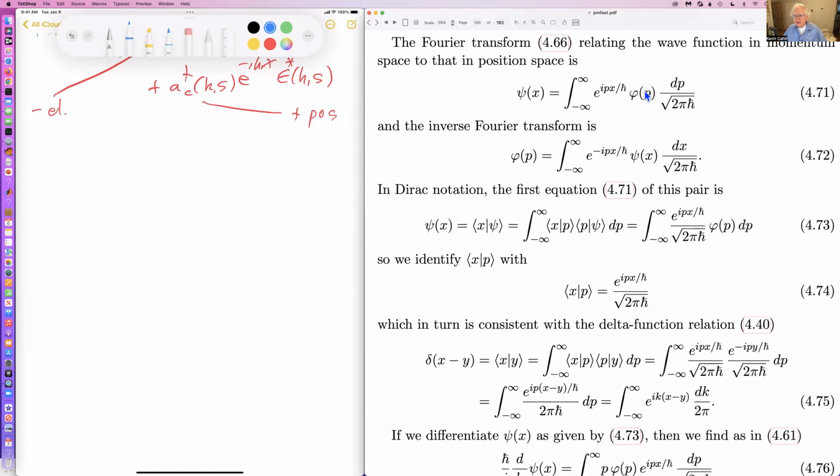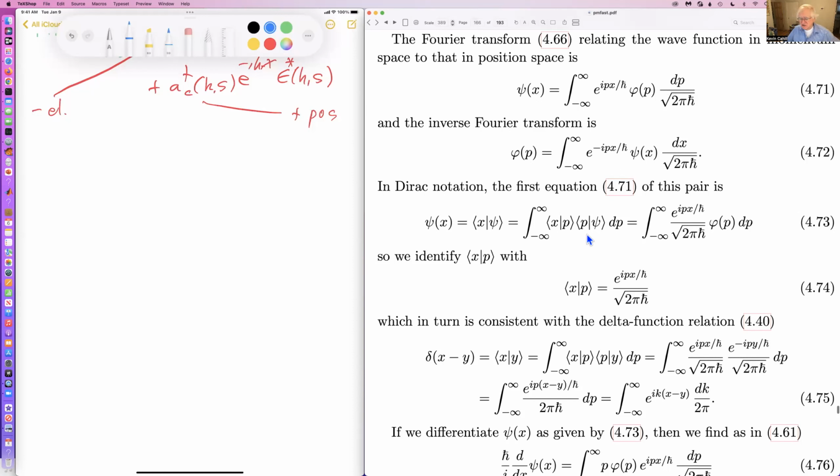connecting the momentum space wave function and the position space wave function takes this form, dp over root 2 pi h bar. The inverse Fourier transform looks like that. In Dirac notation, this equation looks like this. So you see what Dirac does is just give us an instantaneous way of deriving these things.